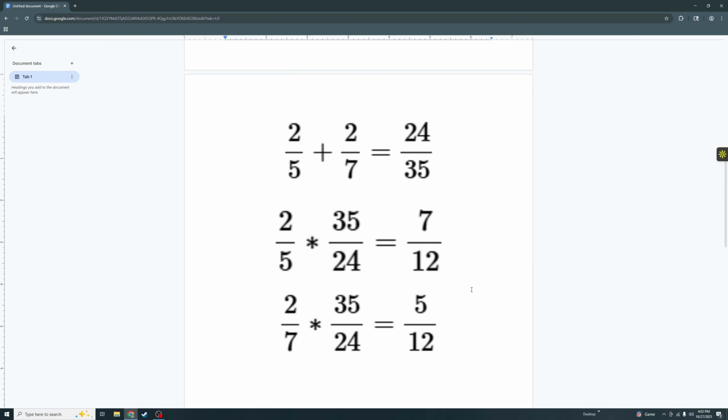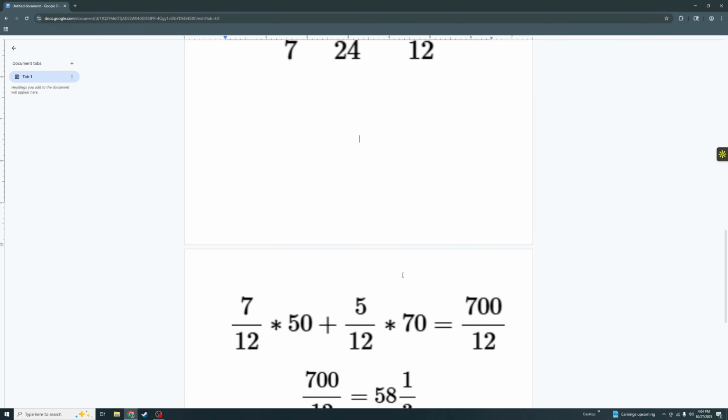The reason you do that is that it basically allows you to convert the time split, 2/5 of an hour and 2/7 of an hour at 50 and 70 miles per hour respectively, into 20 miles per hour. So 2/5 times 35 over 24 is 7/12, and 2/7 times 35 over 24 is 5/12. This is the 70 mile per hour time, and this is the 50 mile per hour time.